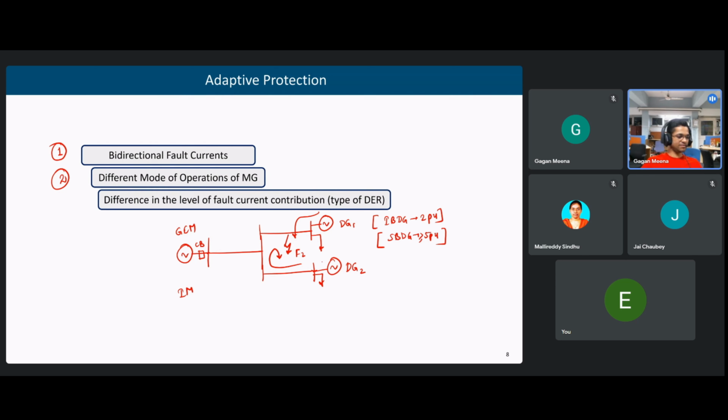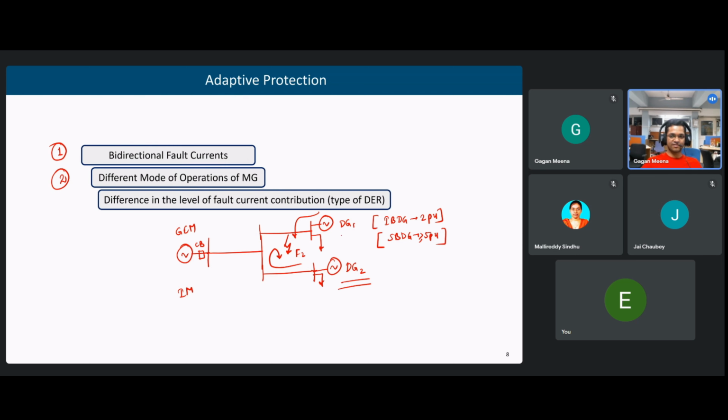So all these problems require us to adapt the relay setting based upon the mode of operation, as well as the type of DG.